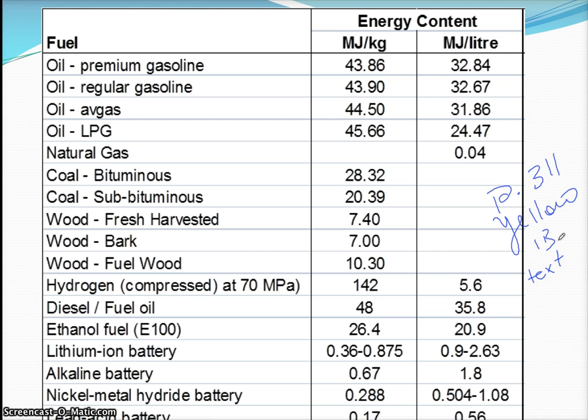Here's another list I pulled off the web. There's plenty of lists of these, and they may vary, but because you're not expected to memorize these, an IB question is typically going to just give you and say, use this energy density or specific energy. If you're not given one, then look it up on page 311 of the yellow textbook.